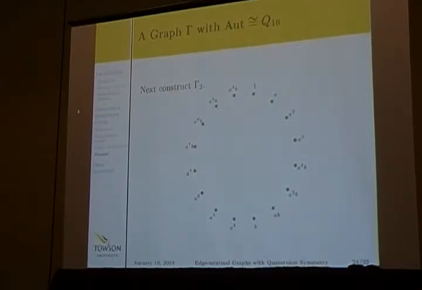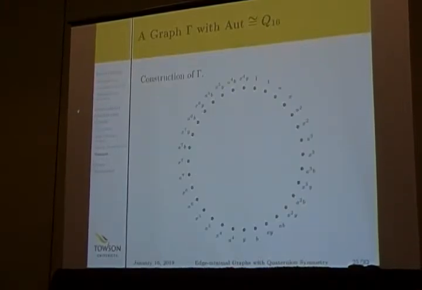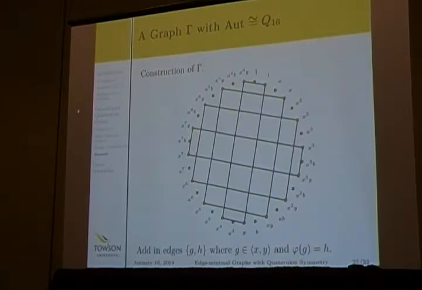Now gamma 2. Essentially what we've done is we just have a new copy of the Quaternion group. We've relabeled all of the X's with A's and all of the Y's with B's, and we have no edges in this case. Now we're going to put those 2 together. So I now have all 32 vertices here, and we want to include the edges from gamma 1.